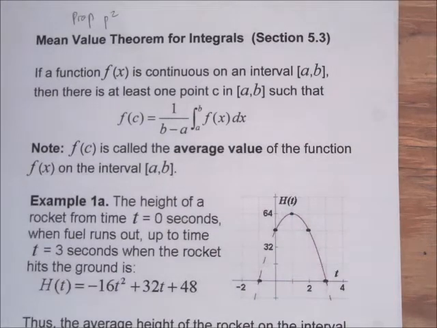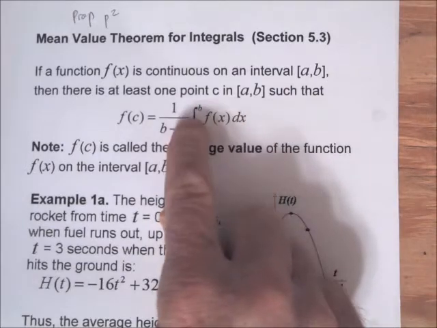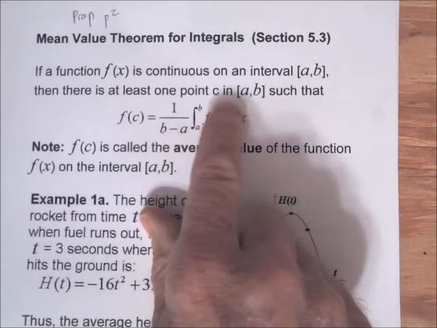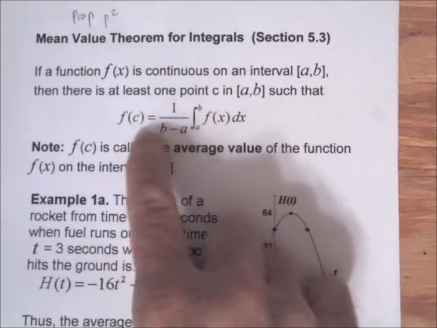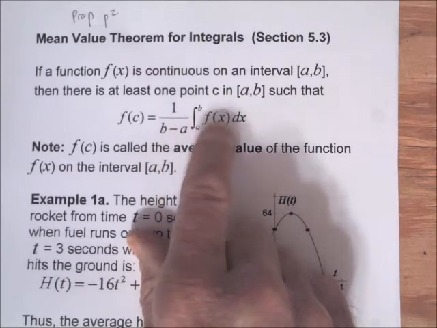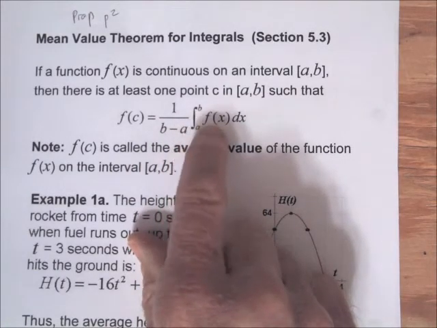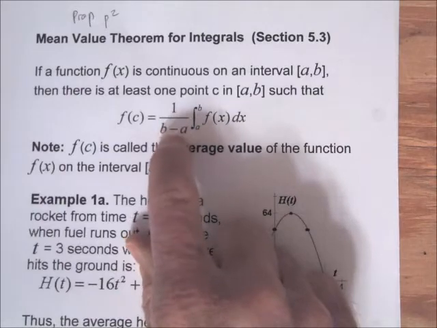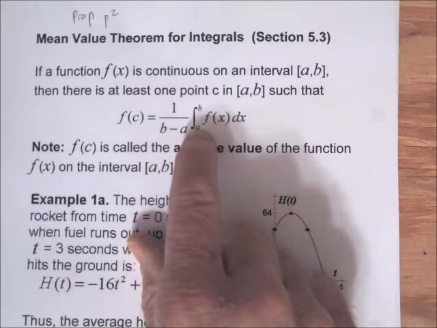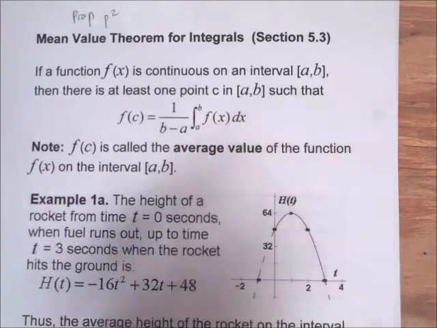If a function f is continuous on an interval from a to b, then there's at least one point c in the interval from a to b such that f of c is equal to the average value of the function there, 1 over b minus a times the integral from a to b of f of x dx.